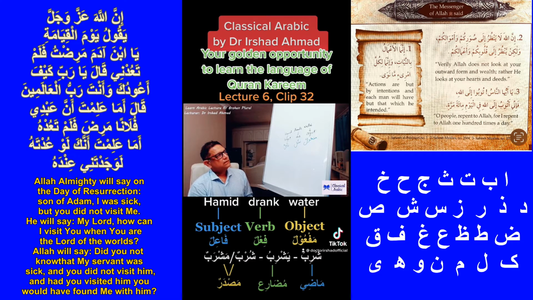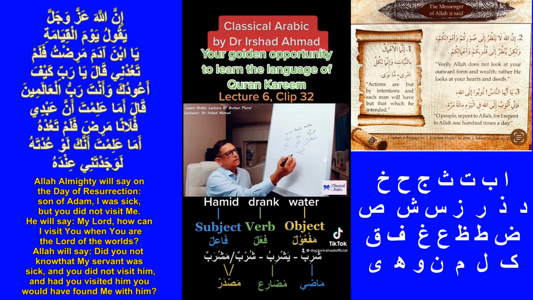And to explain that, we will have to find out the verb in Arabic which means drinking, and that's called shariba. This is past tense. We're just going to remain in past tense.